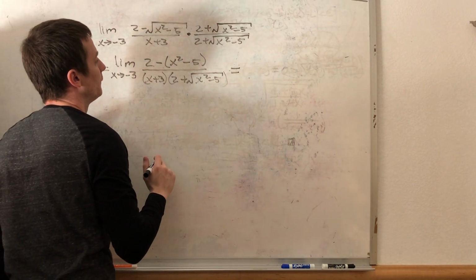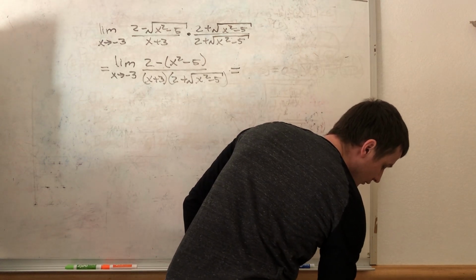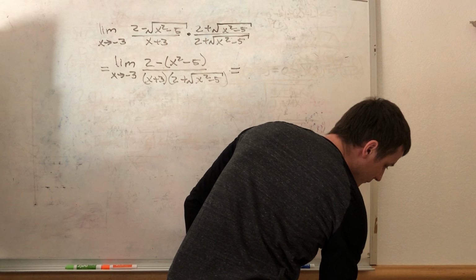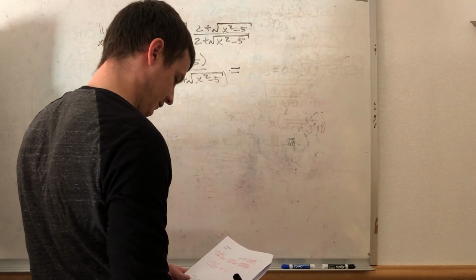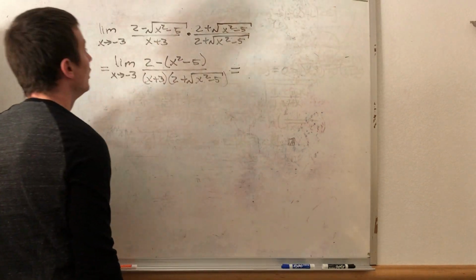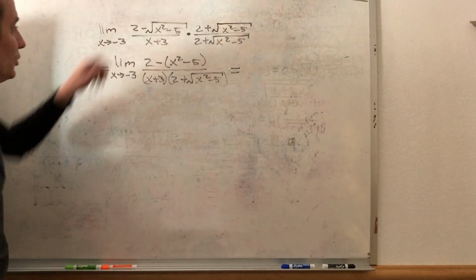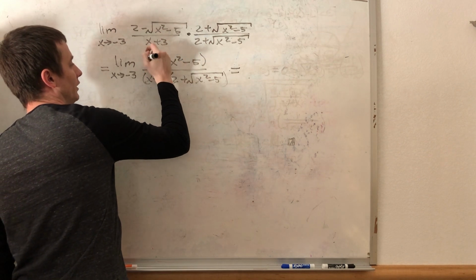Am I doing this right? Oh, I forgot to multiply my 2's together. This is a 4. Okay, everything's making more sense.